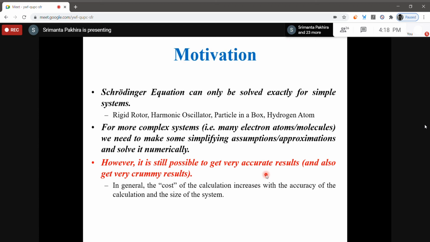When we make approximations or assumptions, one by one theory, one concept, one hypothesis will come, and accordingly one by one method will be generated. In some cases it is still possible to get very accurate results with such assumptions. Also, in some cases we can get very crummy results.